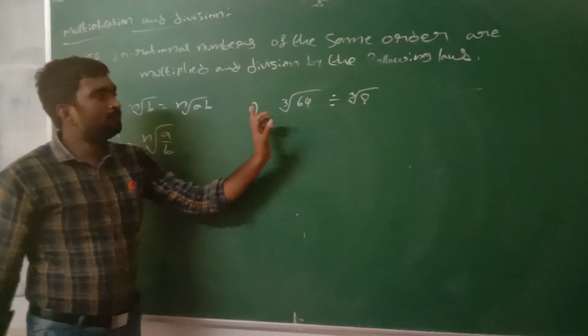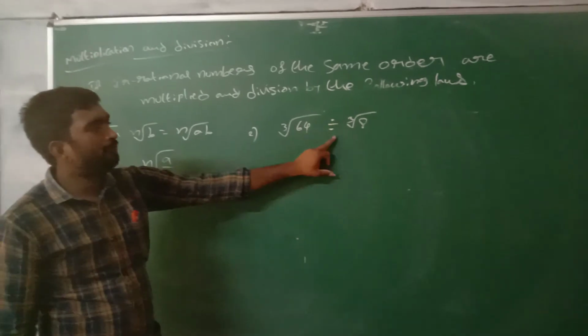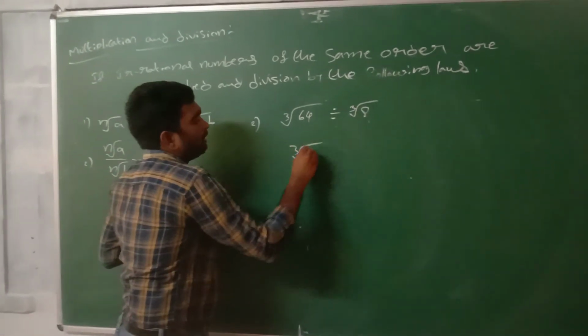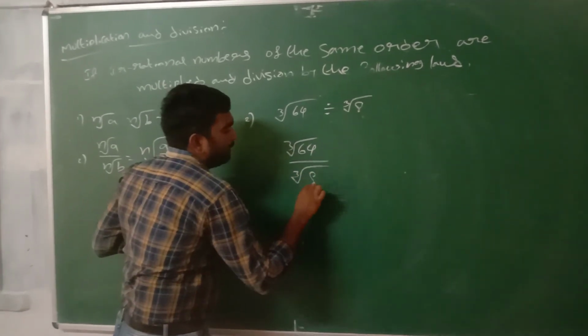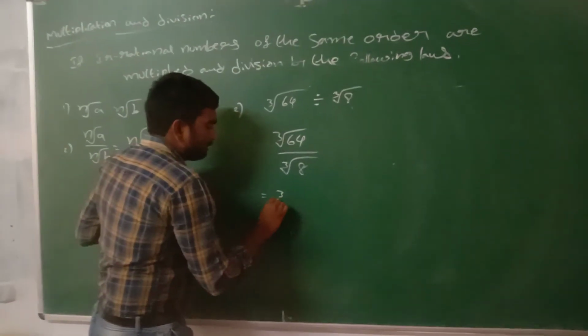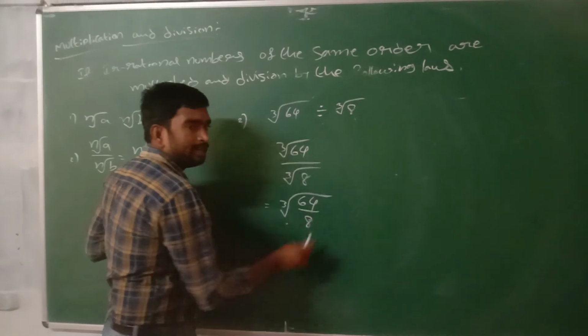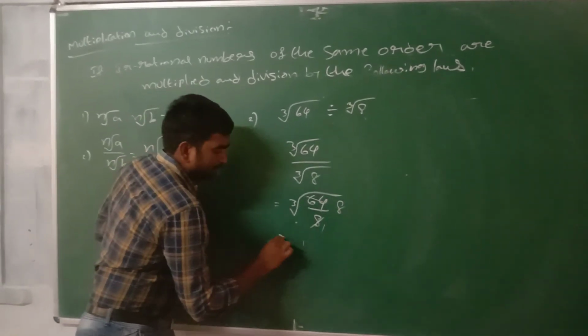Another example: third root of 64 divided by third root of 8. The order is the same. Then third root of 64 by 8. So cancel, 8 ones are 8, 8 eights are 64.